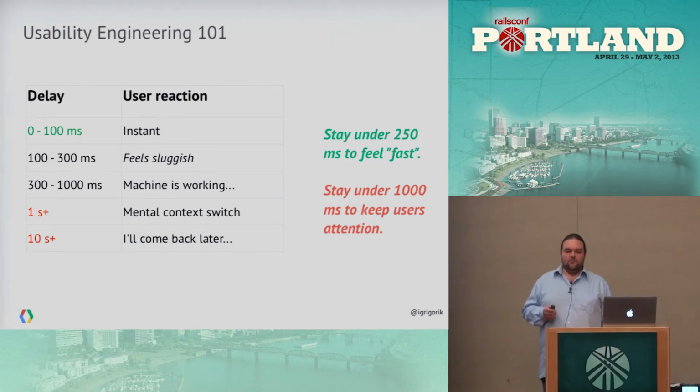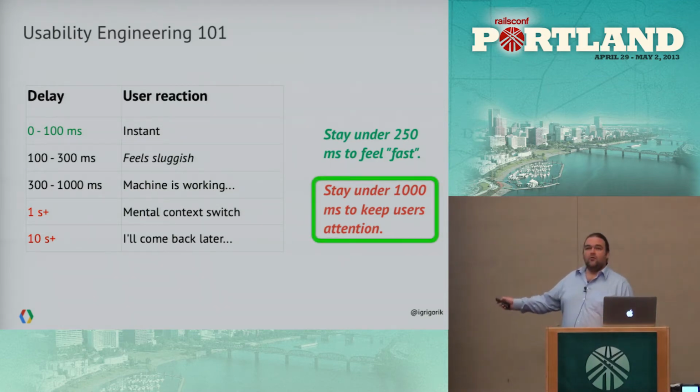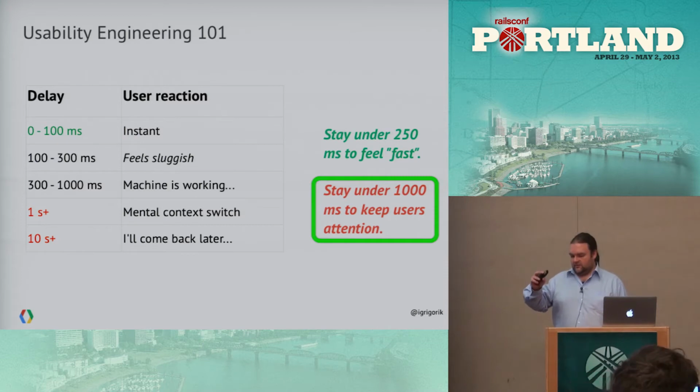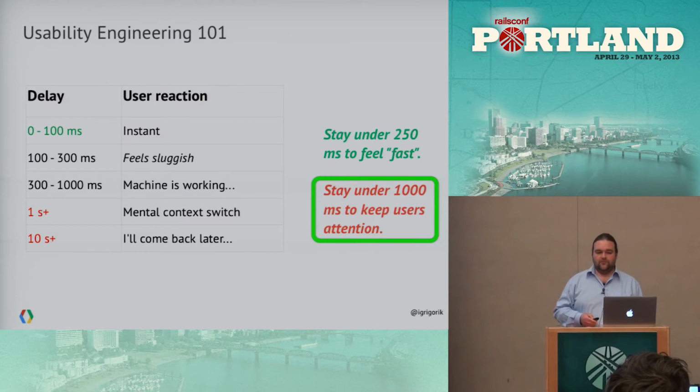Interesting is this one here, which gives you an idea what is instant and what is fast. And we want to stay below 1,000 milliseconds. So that's the time a user has to wait from the moment he presses enter till the moment he sees the rendered web page. So we want to be within that range.